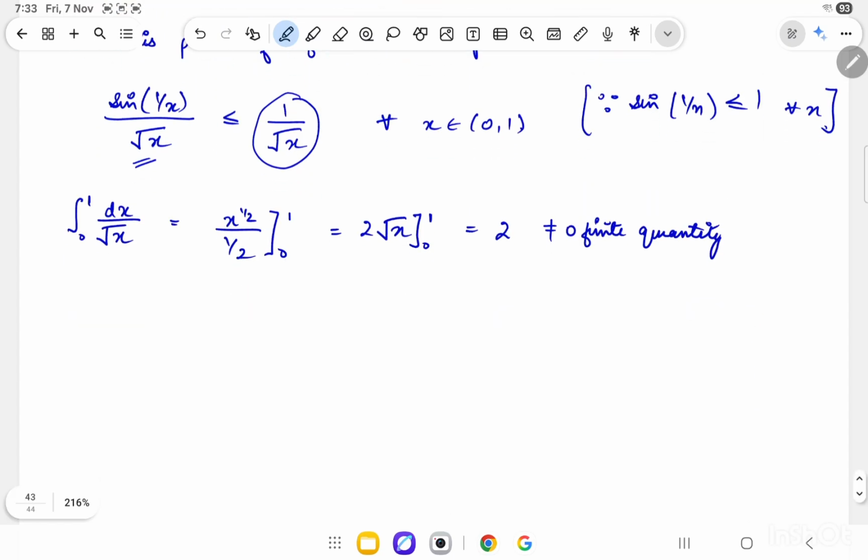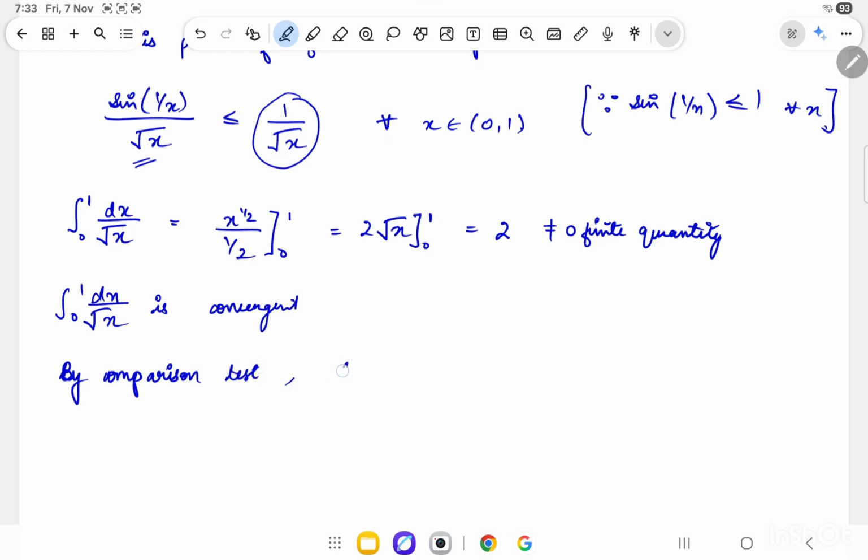Now this integral from 0 to 1 of dx by square root of x is convergent. So by the comparison test, we can say that the integral from 0 to 1 of sin of 1 by x divided by square root of x dx is also convergent.